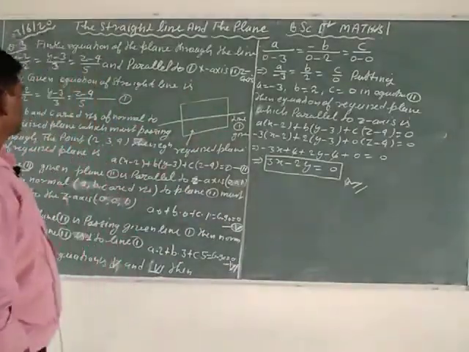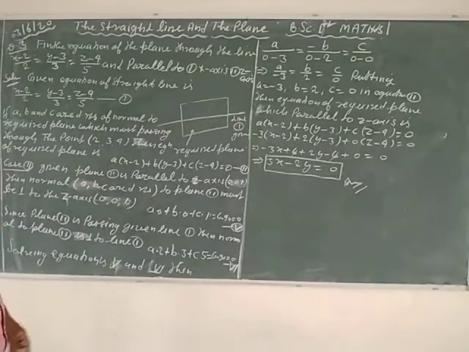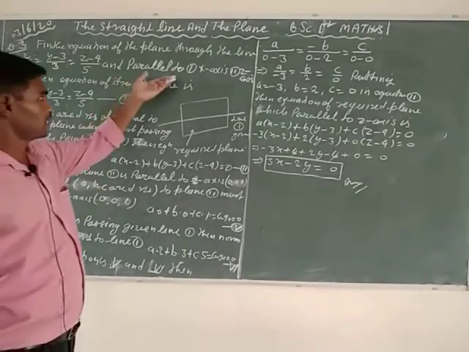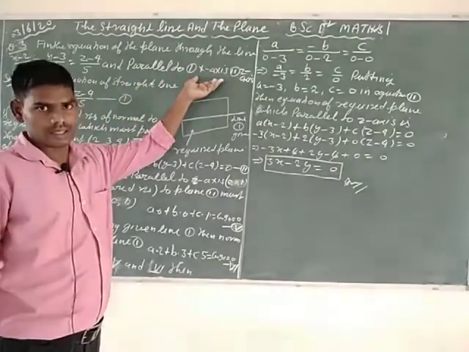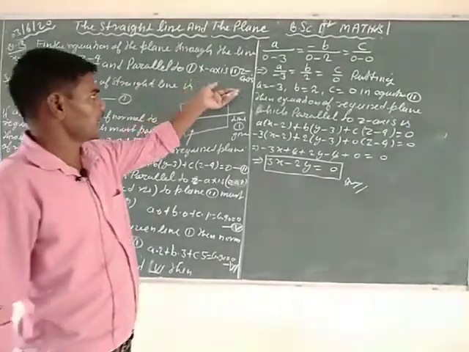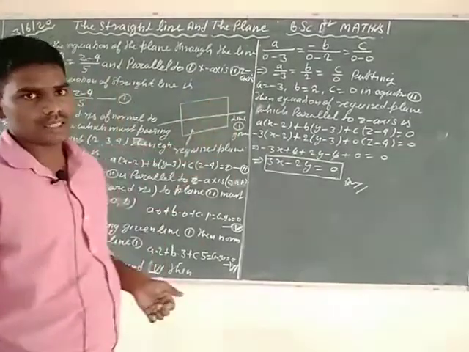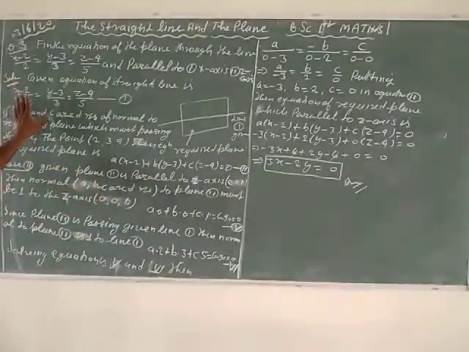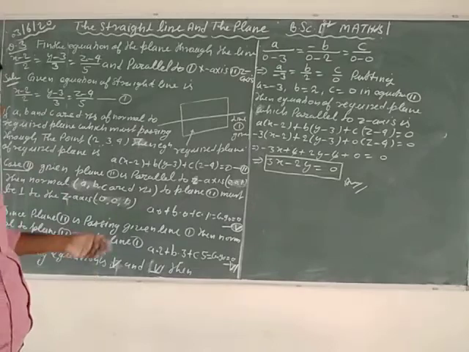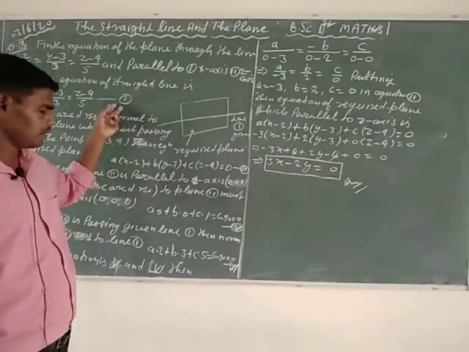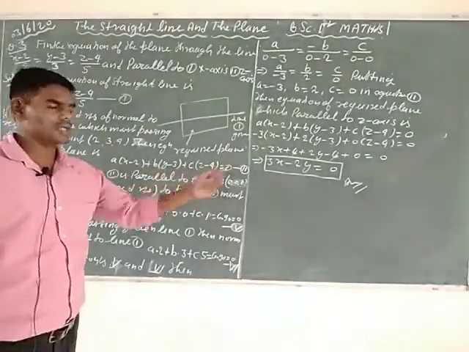So friends, we discussed question third: when the plane is parallel to the x-axis in the case first, and when the plane is parallel to the z-axis in the case second. In this, first write the equation of the plane which passes through the given straight line first, represented by equation second.